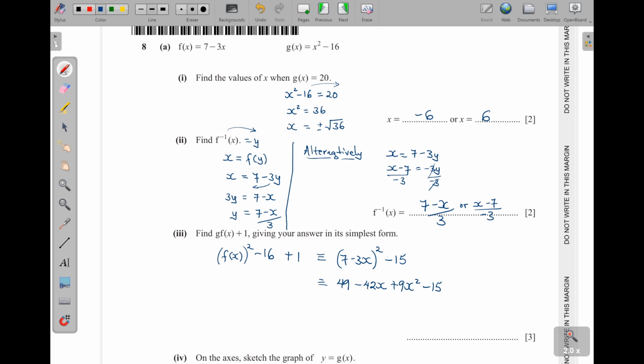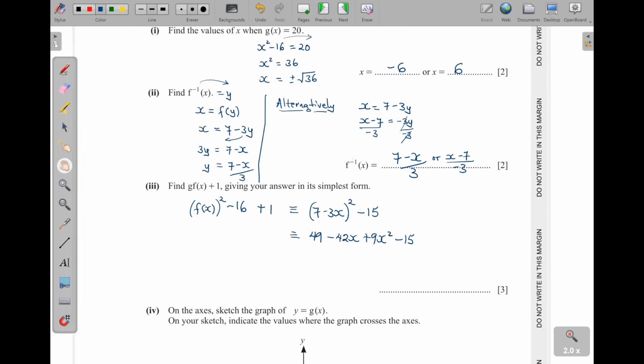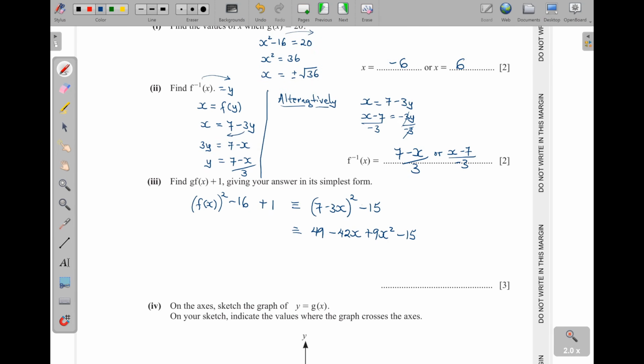So that means we are going to get our answer, in decreasing powers of x, as 9x squared, then minus 42 of x, then plus 34. You get 49 minus 15, you get 34.